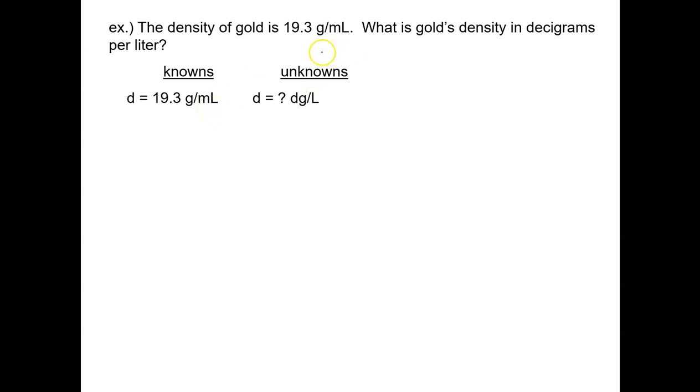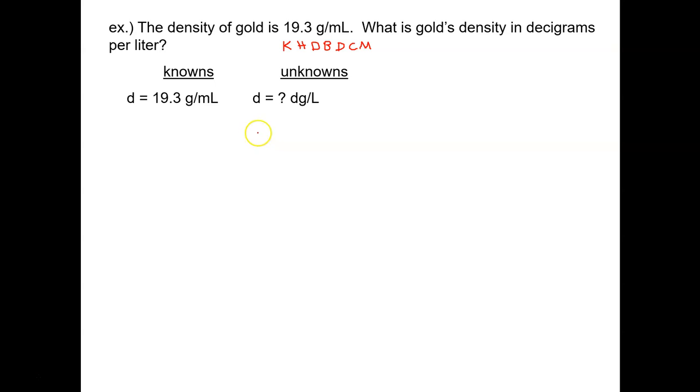Well, anytime you have metric units and you need to do a conversion, we have to remember King Henry died by drinking chocolate milk. And if I remember that, then I can figure out how many decigrams are in a gram or how many milliliters are in a liter, because I can just use this and move my decimal point around.